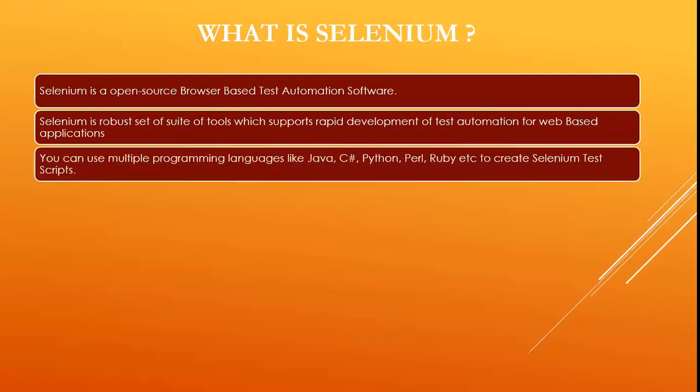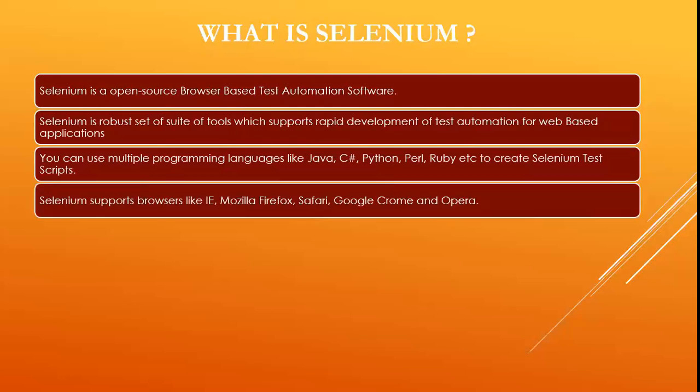Robust means, suppose I create a framework on my desktop or laptop, you can use it in another location, on another system, easily. Selenium supports many programming languages like Java, C Sharp, Python, Perl, Ruby, etc. to create Selenium test scripts. Selenium supports browsers like Internet Explorer, Mozilla Firefox, Safari on Mac, Google Chrome, and Opera.